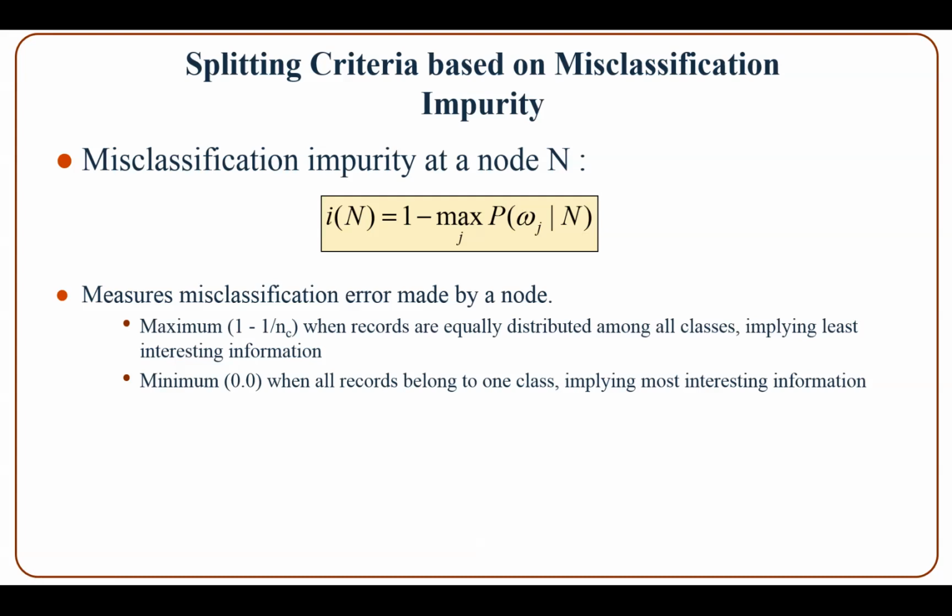The maximum is 1 minus 1 divided by NC, and NC here is the number of classes. It is when the records are equally distributed among all the classes, implying the least interesting information. And the minimum is 0 when all the records belong to one class, implying the most interesting information.